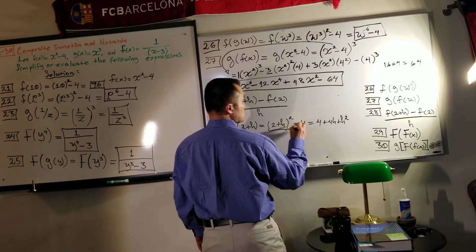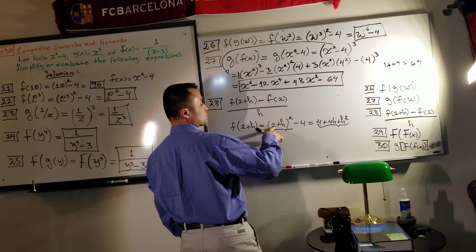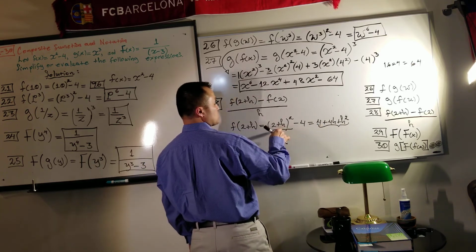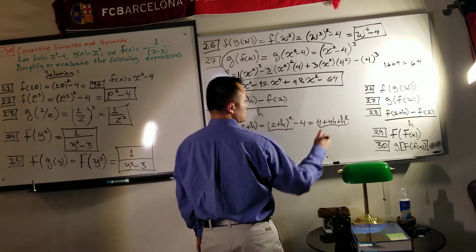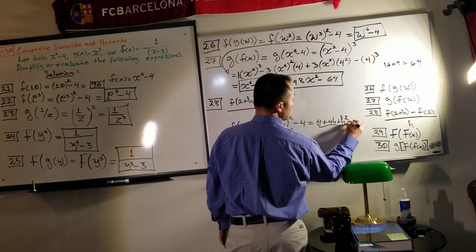This expression is this, okay? So the square of the first one, 2 squared, that's 4, plus 2 times the first one for the second one, 4h, plus the square of the second one, plus h squared. And then we just add minus 4.